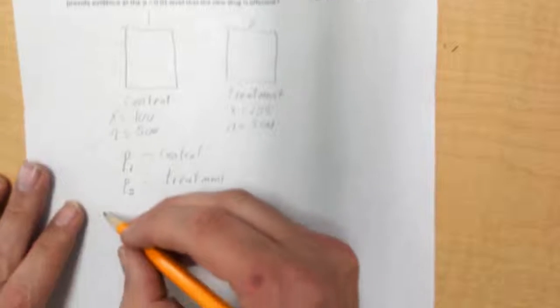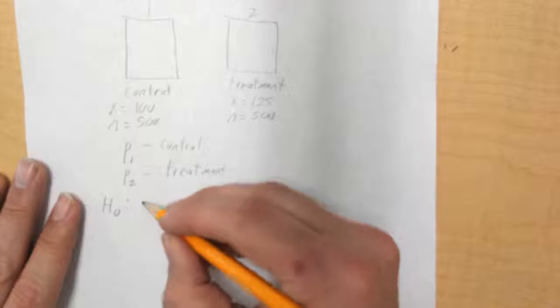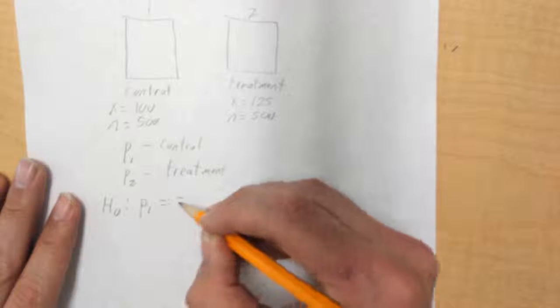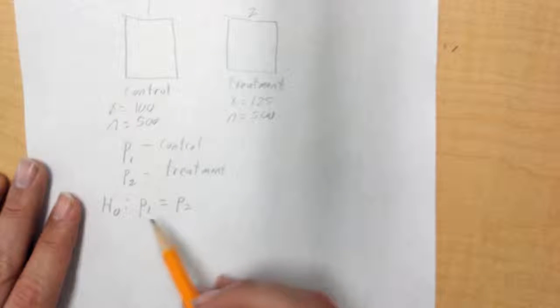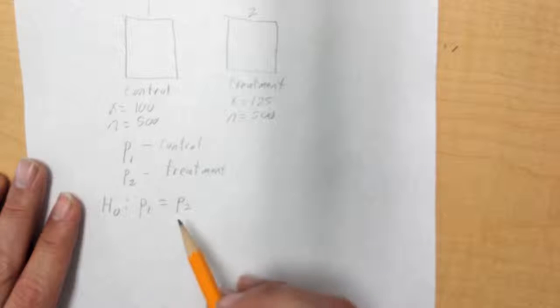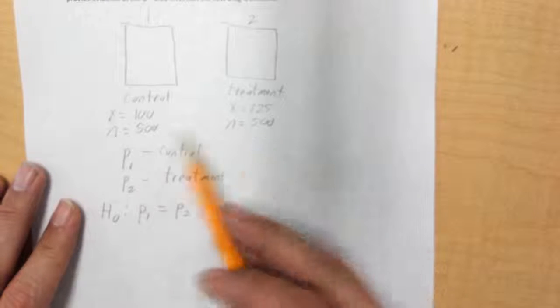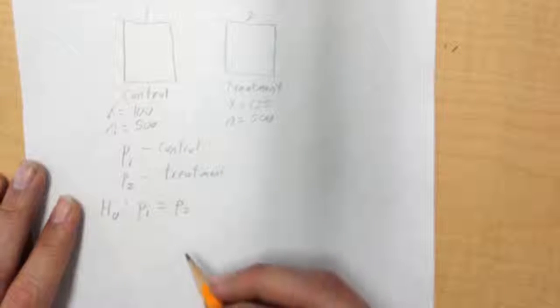So our null hypothesis here, H0, is that our two proportions are equal to each other, or in other words, there is no statistical significance between the results that we got. They're the same results. Even though our numbers might be slightly different, that difference could be attributed to just random chance.